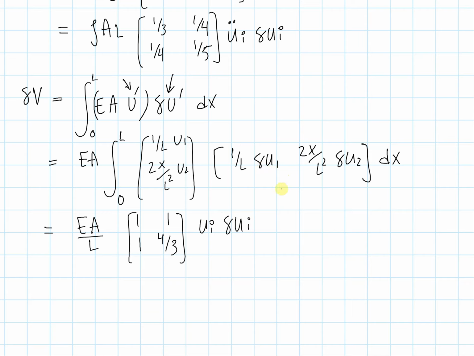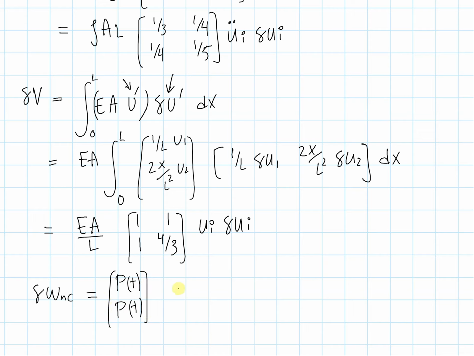The last thing we want to look at is our non-conservative forces. So we have delta W non-conservative. And because the force is affecting both of the modes, modes 1 and 2, we're going to have a column vector PT.